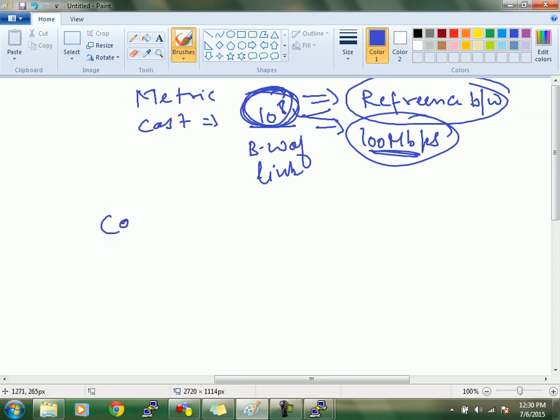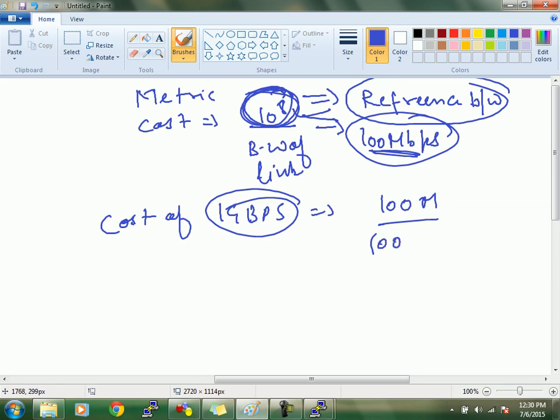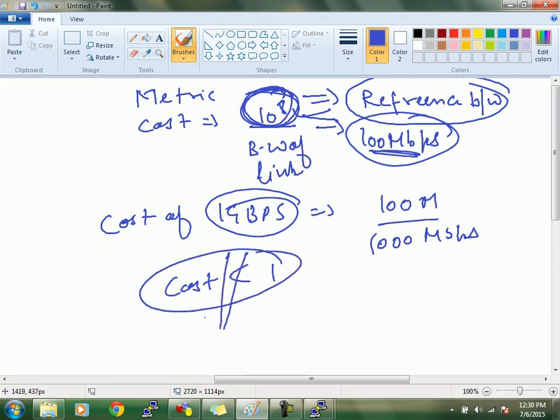Now, what will be the cost of a link that is 1 Gbps? It will be 100 Mbps upon 1 Gbps. It means how many Mbps? 1000. And cost can never be less than 1. It's not possible. So in this case, you have to change the reference bandwidth.